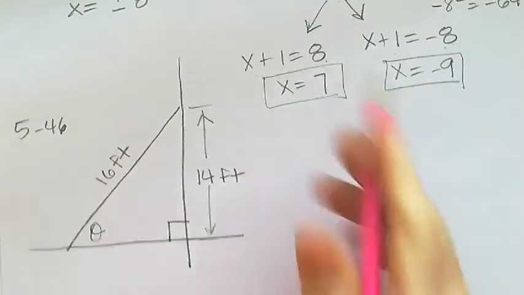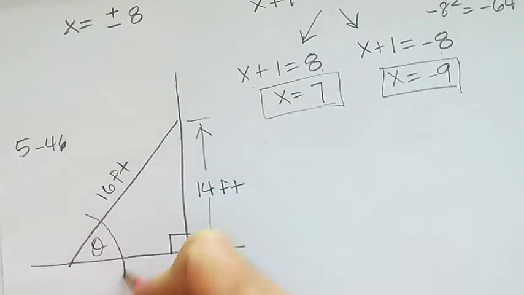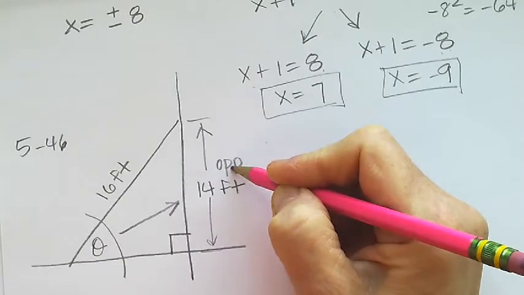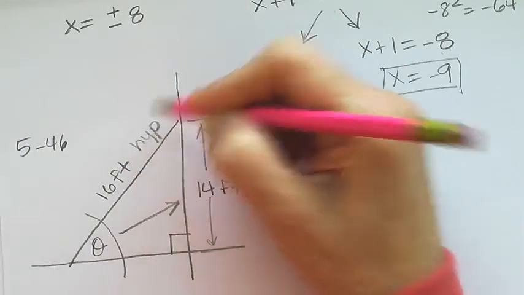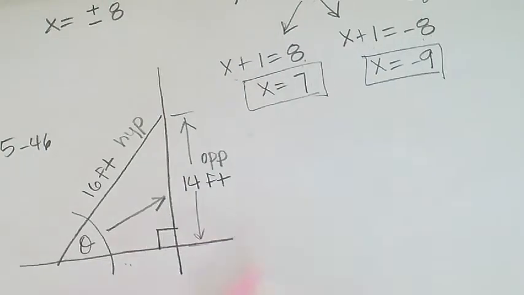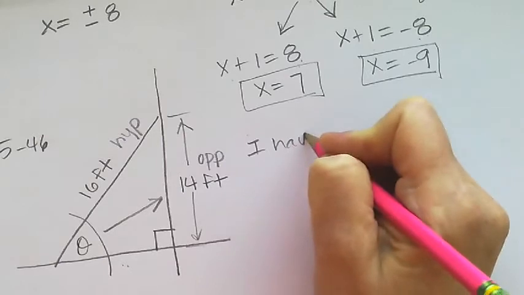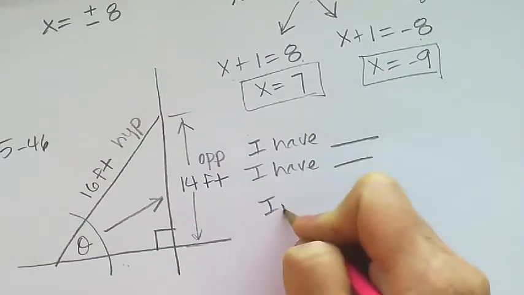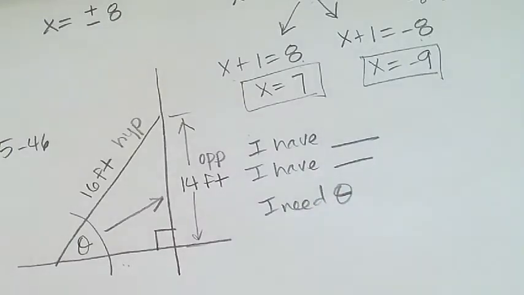So let's go ahead and do our arc and our arrow. This is my opposite. Longest side is my hypotenuse. This is my adjacent, but I'm not looking for it. Don't need it. Not going to worry about it. I have my opposite, I have my hypotenuse, and I need theta. I'm looking for the angle.